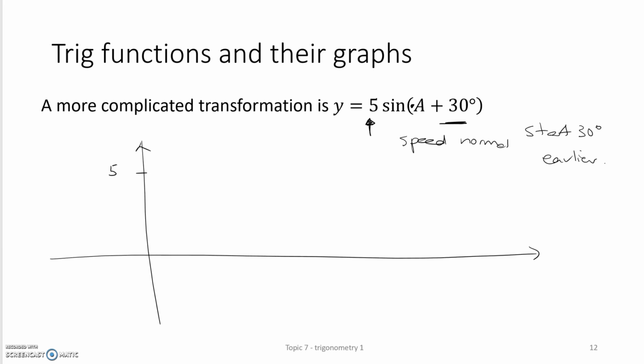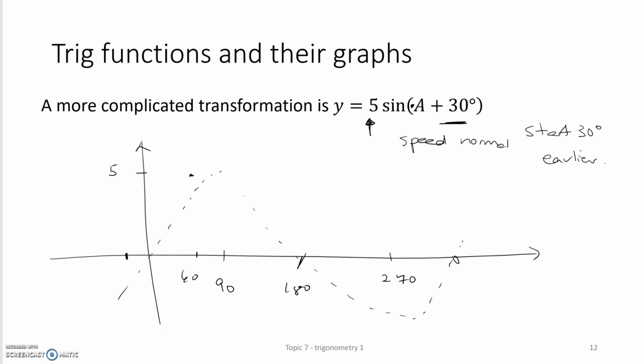Let's just dot in ordinary sine. So that's 180, that's 90, that's 270. So it's going to start to the left. So every point is going to move over 30. So that would be 60.